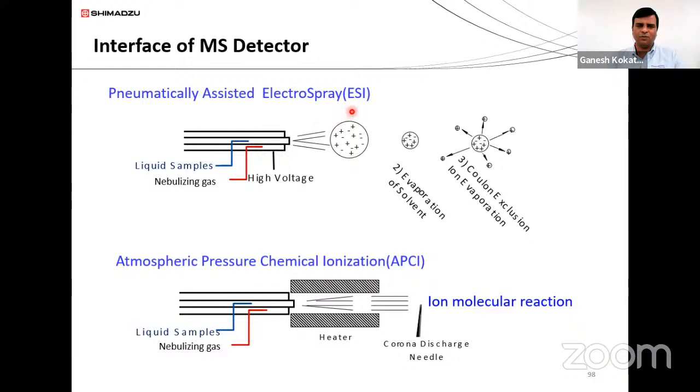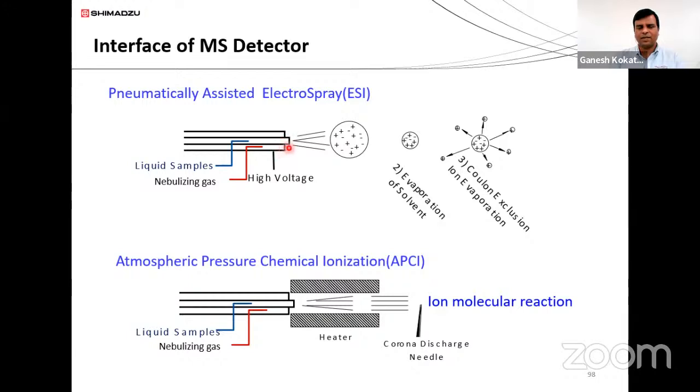Normally there are two probes, ESI and APCI. I will cover this whole mechanism tomorrow with ESI and APCI. But this is how it takes place: when the liquid sample comes from this tube, as it passes, apart from that we are applying some nebulization gas and also some voltage.